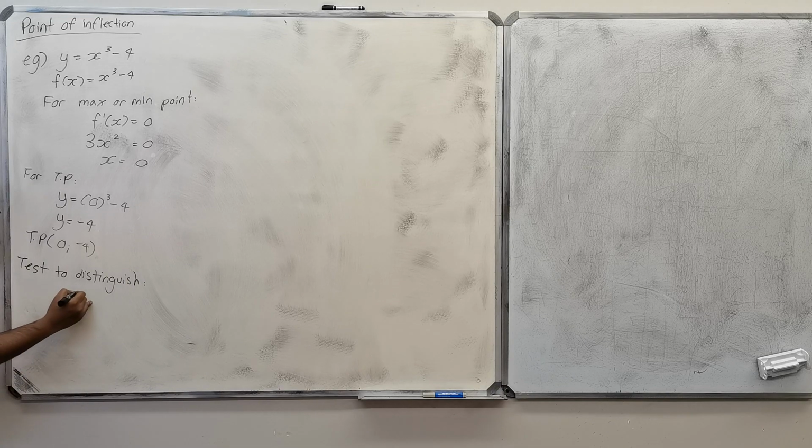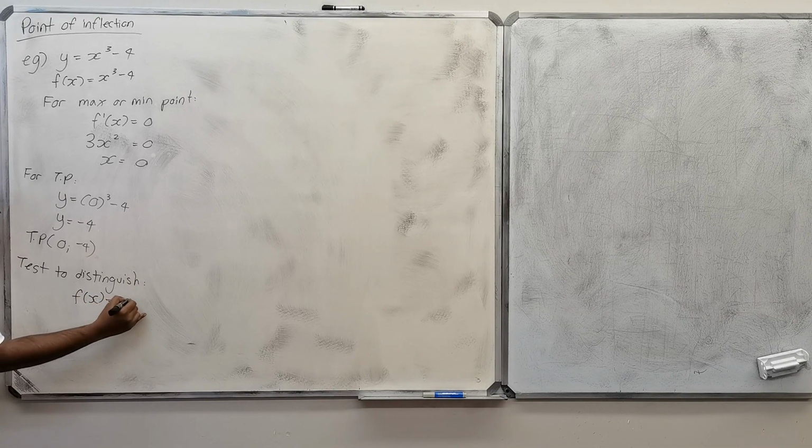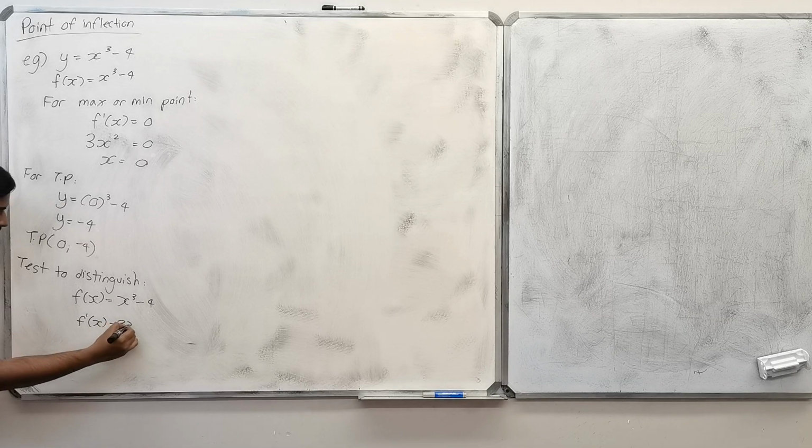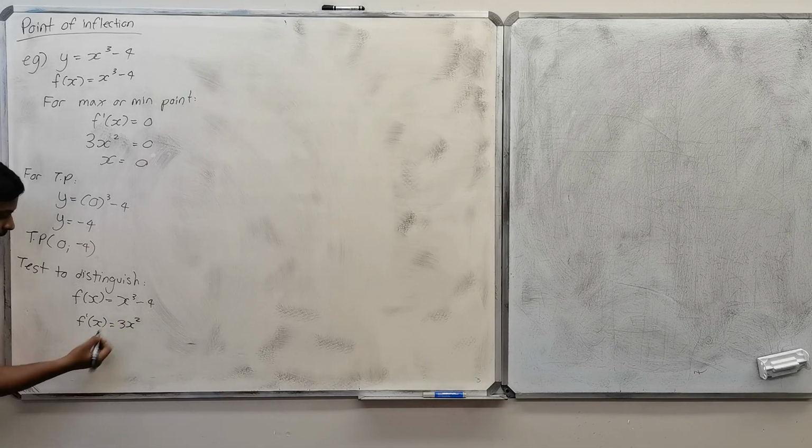So f of x is equal to x cubed minus 4. Your first derivative is equal to 3x squared. And then your second derivative is equal to 6x.